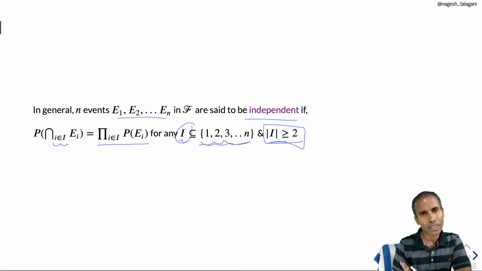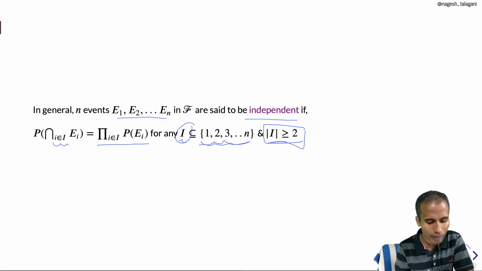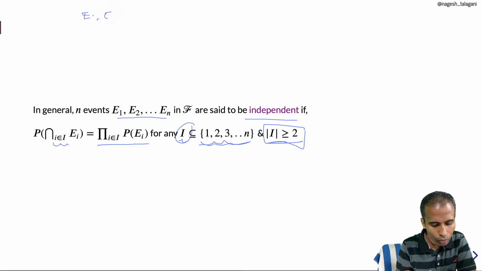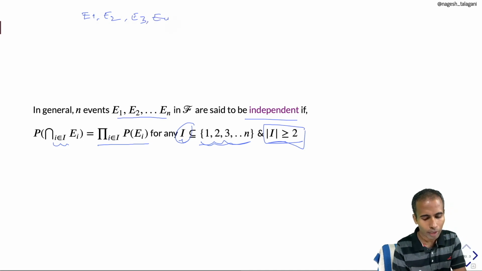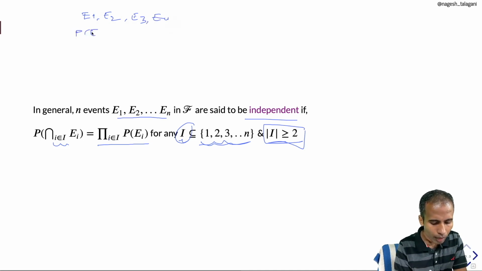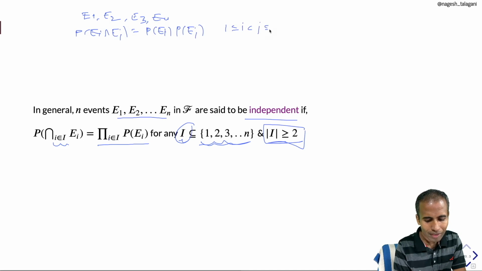See, here we are checking a lot of conditions. For example, let me write the case of 4 events, E1, E2, E3, E4. These are said to be independent if probability of Ei intersection Ej equals probability of Ei times probability of Ej for all 1 less than or equal to i less than j less than or equal to 4. There are 4 choose 2 like that.